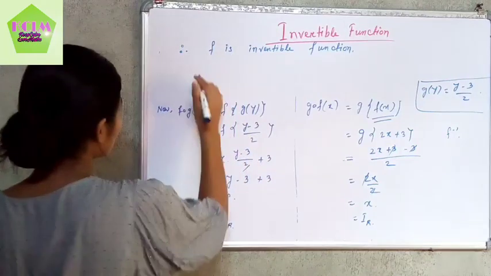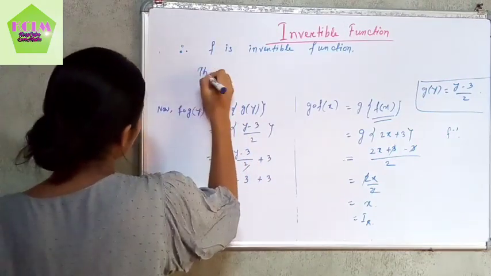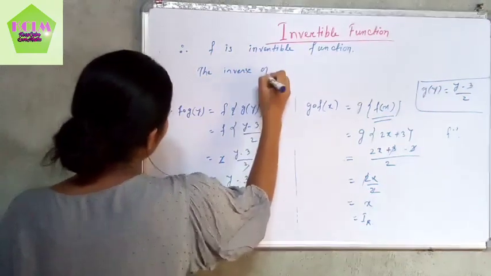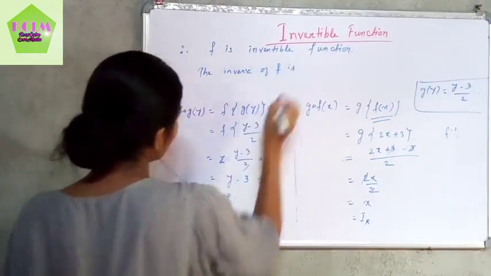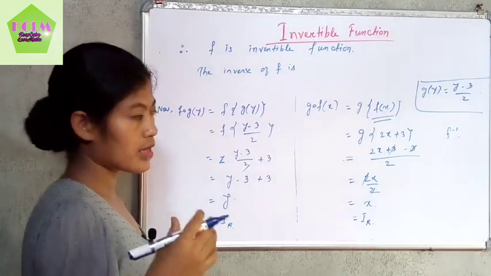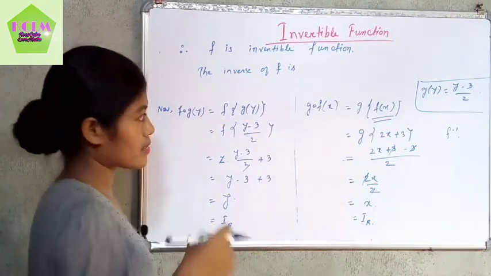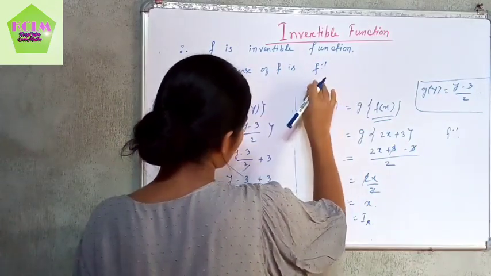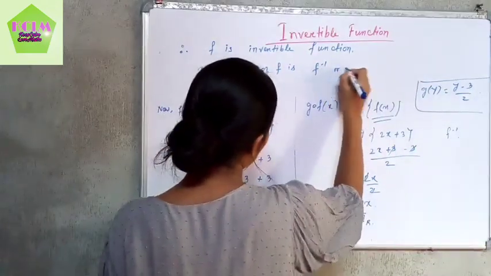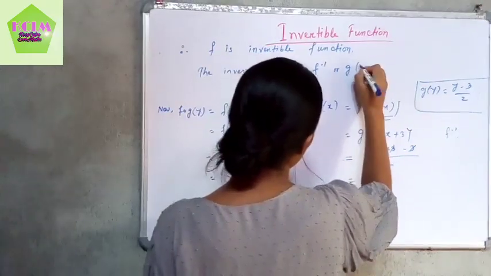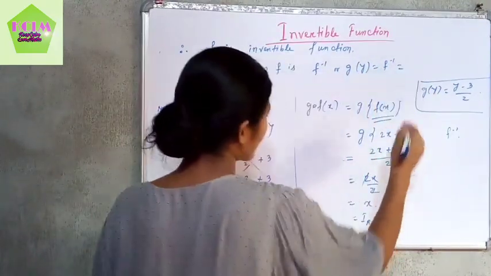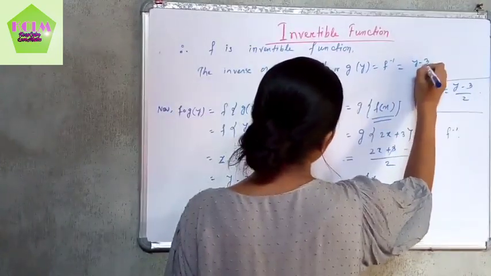So here I can write the inverse of f. The inverse of a function f is always denoted as f inverse. And this f inverse is nothing but this g, or g of y equals f inverse of y, and this is defined as (y minus 3) by 2.